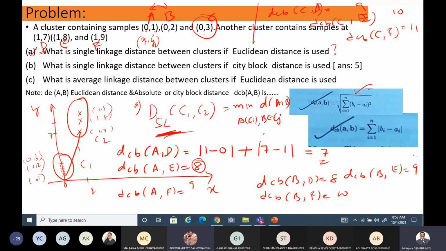This 3 plus 3 plus 6, 9? No, it is 1 minus 0, absolute difference is 1. 7 minus 3 is 4. It should be 5 here, the last one. So this calculation is wrong, no? This is 5, this is 6, this is 7.